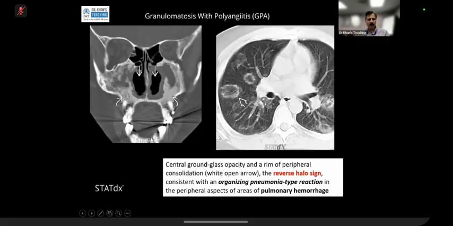And look at this case. Here, the turbinates, where are the turbinates? They are all gone, they are destroyed. And there is hyperostosis of this destroyed maxillary sinus. A reverse halo sign due to hemorrhage in the lungs. So you can get a sort of a long case like this.